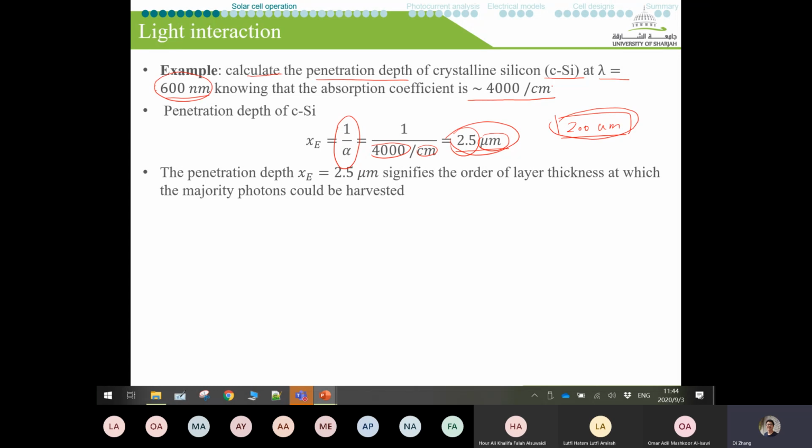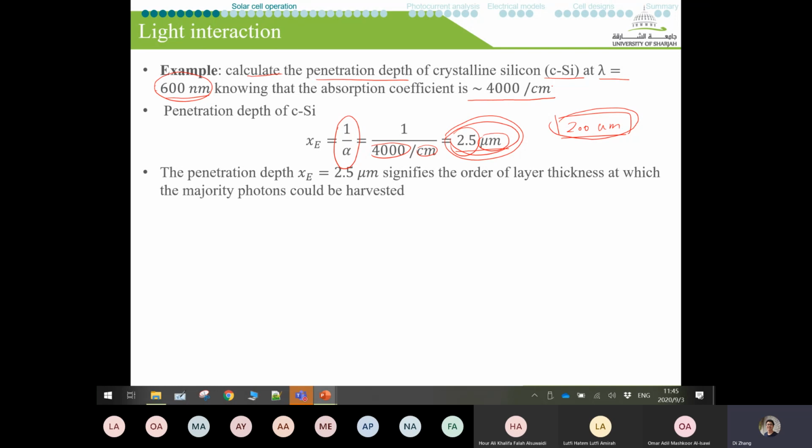So what you can see here is that the calculation result shows us that if you want to capture the 600 nanometer line, if you want to focus just on this wavelength, then on the order of 1 or 2 micrometer is enough to capture most of the photons.